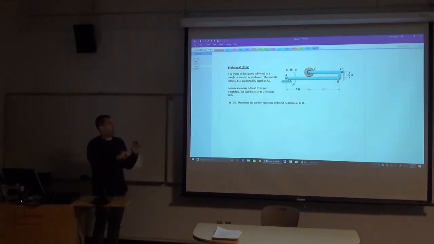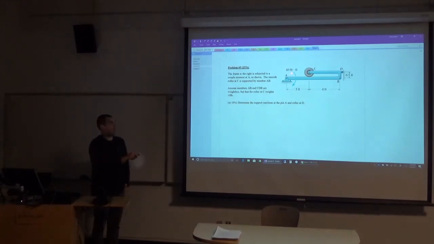It can't provide a moment reaction as the nature of that support. It can transfer a force left and right. It could transfer a force up and down. But if that beam AB wants to rotate, that pin has no resistance to that rotation.